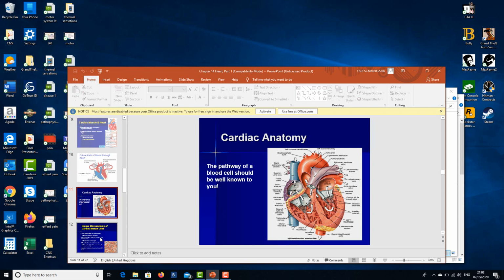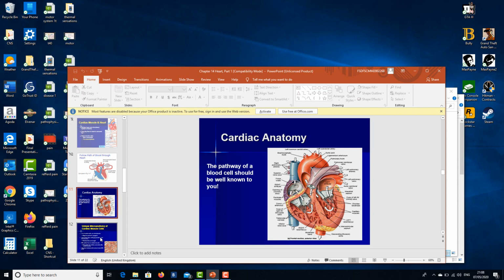The right atrium and right ventricle are separated by means of valves, which is the tricuspid valve.